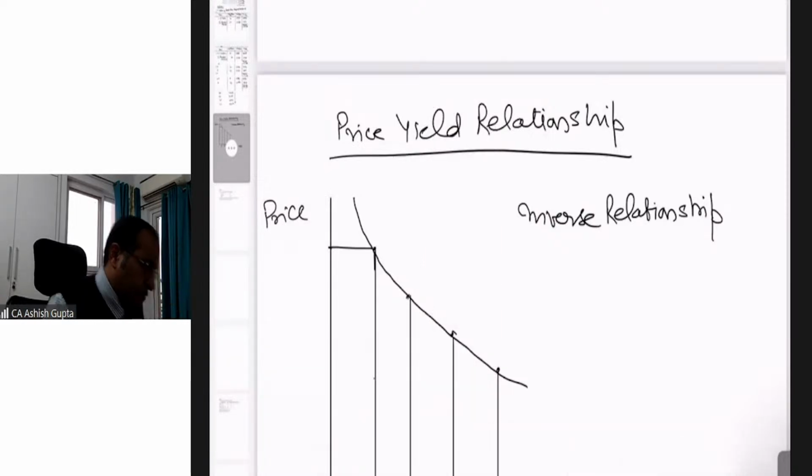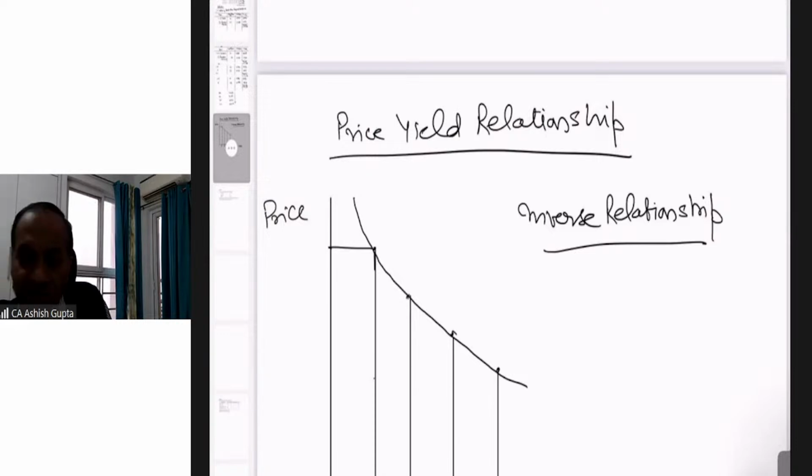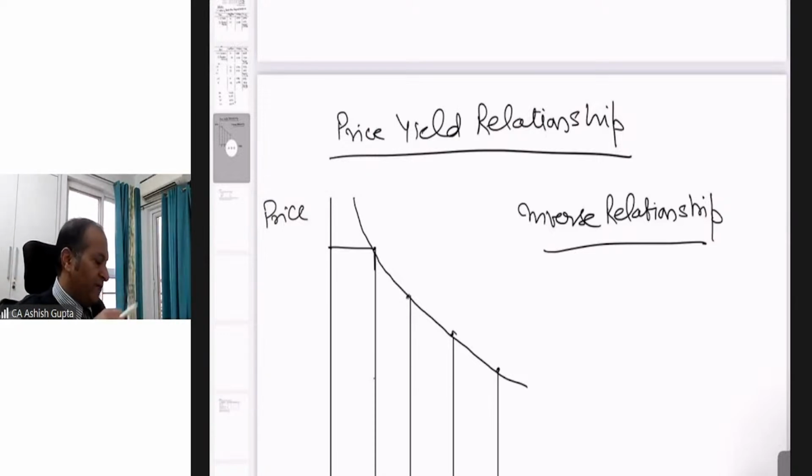Okay, student. So this is the kind of relationship that is shown. We can see that with the increase in yield there is a fall in the value of the bond. Okay, student. I hope with this the price-yield relationship is clear to you. Now we are coming to the next question.